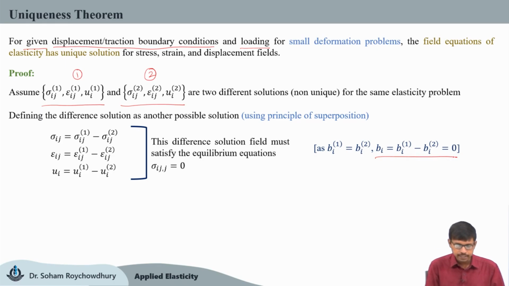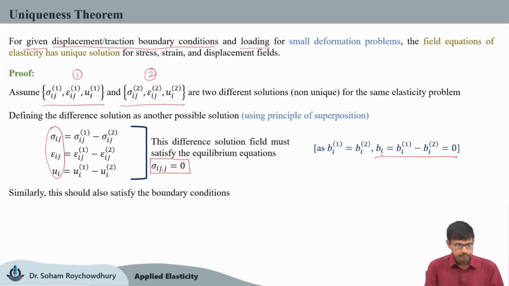And Bi being 0, this new difference solution must satisfy the equilibrium equation of this form, sigma ij comma j equals 0. In general, the equilibrium equation is sigma ij comma j plus Bi equals 0, but as Bi equals 0 here, the equilibrium equation reduces to the form sigma ij comma j equals 0.